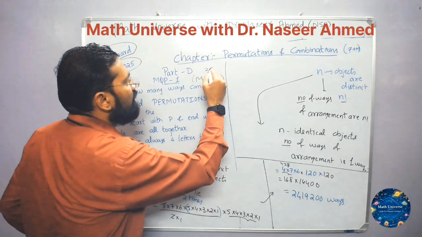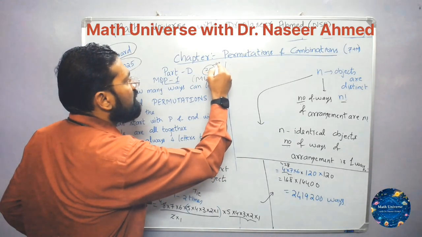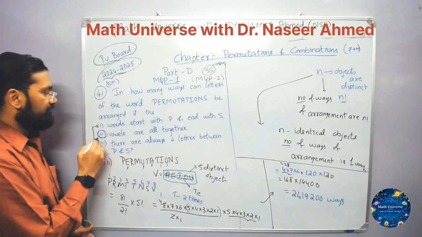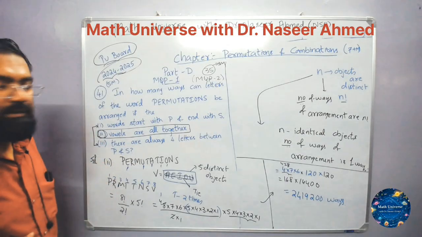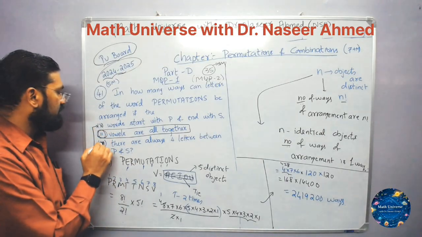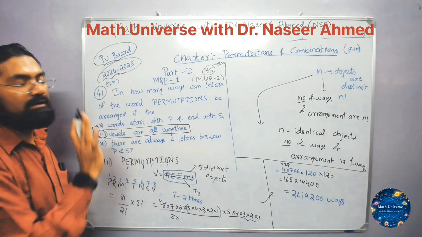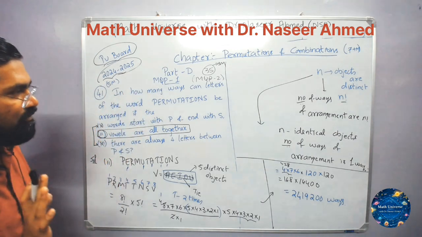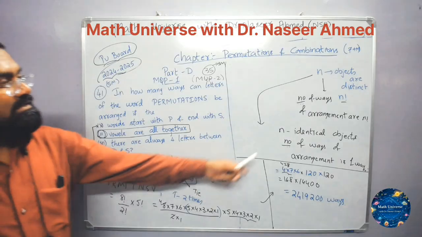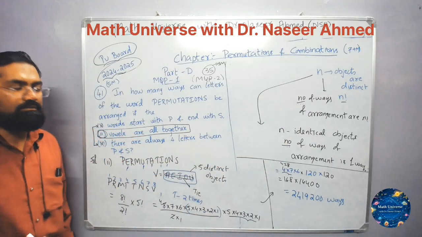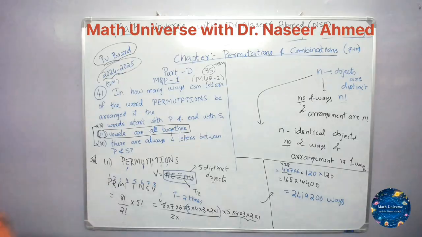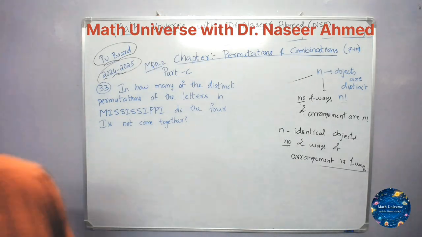Question number 35, and this has come for 3 marks, only this part. Remember this logic, we are going to use it for the upcoming problem. Kindly make a note.